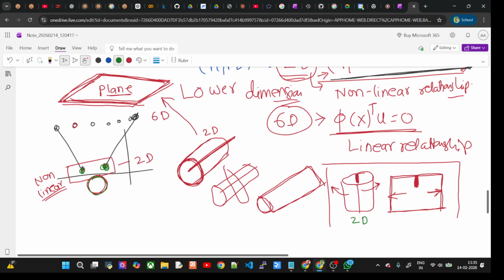But once I bring it to higher dimensions like f1 square, f2 square, minus 2 f1 f2, and here f2, and this is your f1, f2 and your constant.